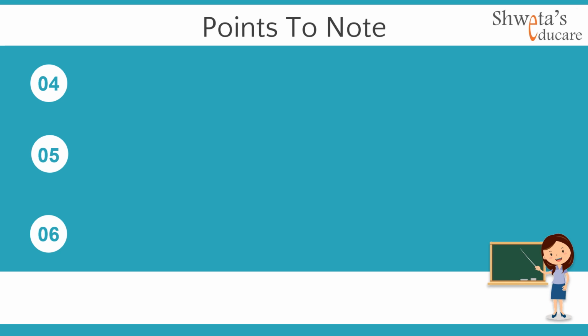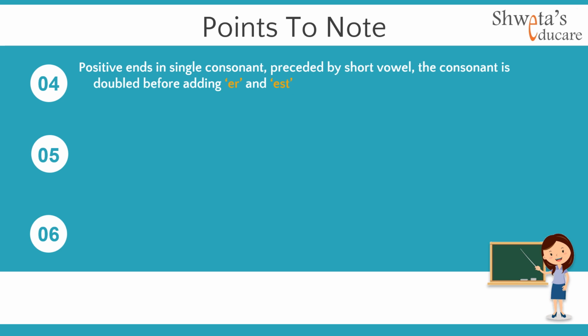So the next point, point number 4. Positive ends in a single consonant preceded by a short vowel. The consonant is doubled before adding ER and EST. Not to worry, students. We have an example. Let's take a simple one. Big. What do you observe?